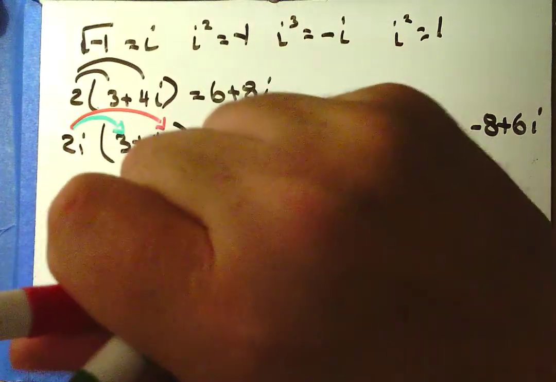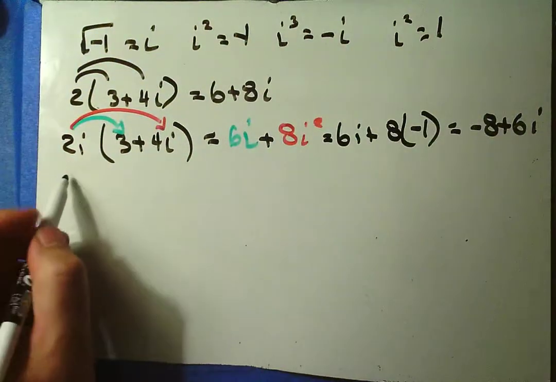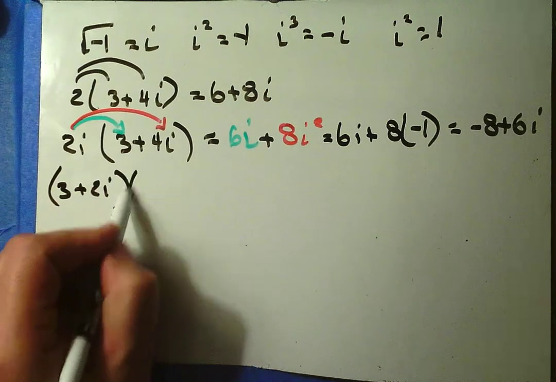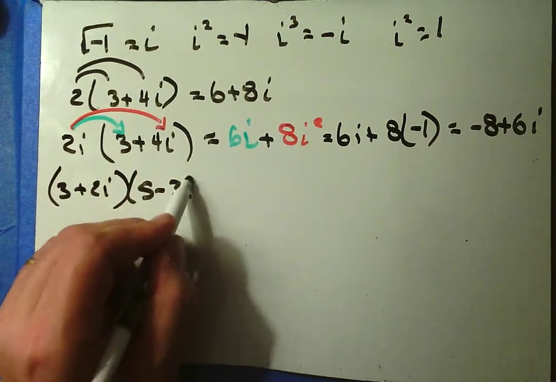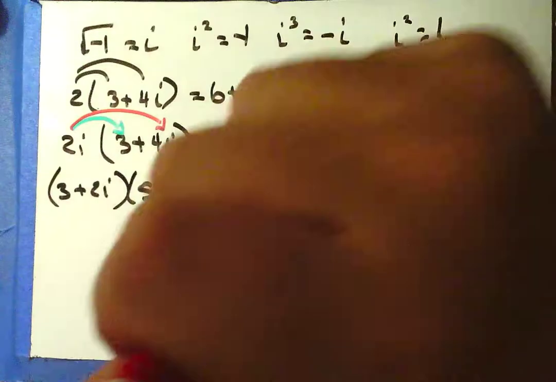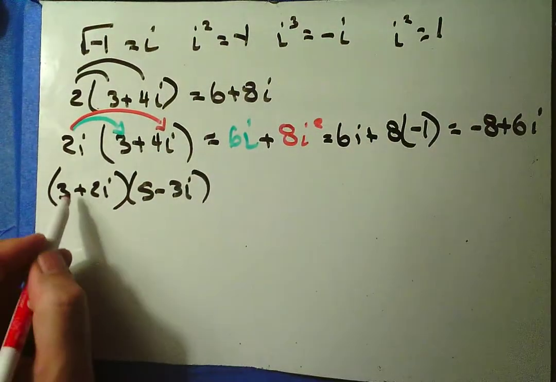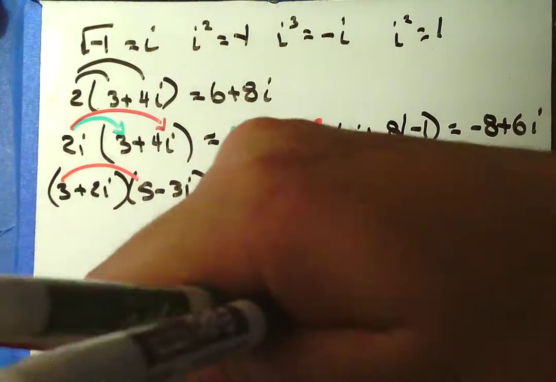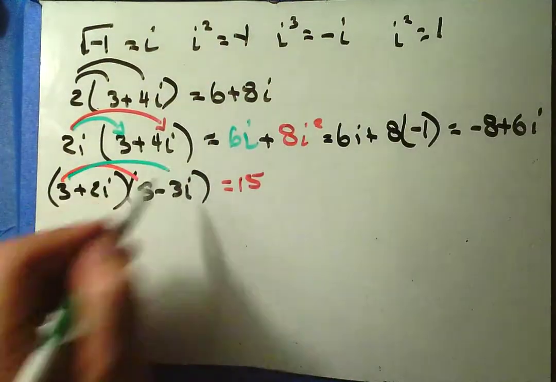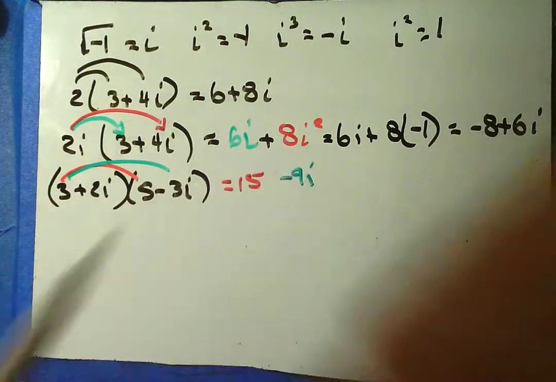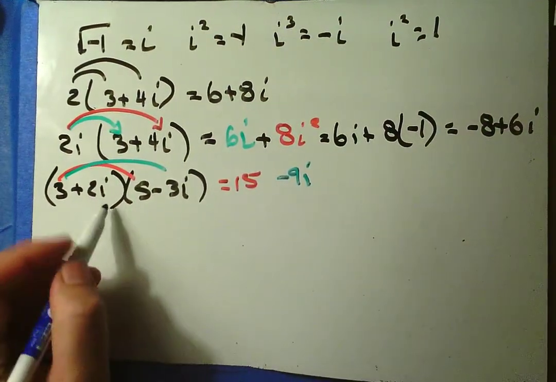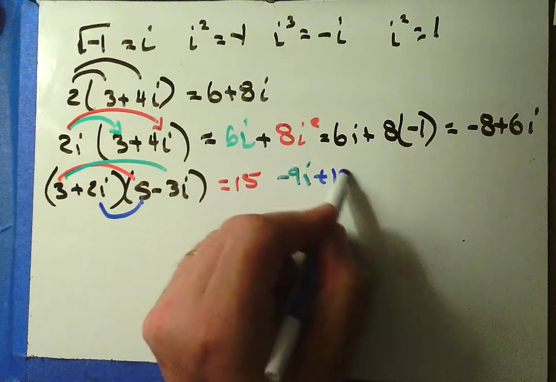Okay. And then we also talked about FOILing. 3 plus 2i times 5 minus 3i. And how we would do 15 minus 9i plus 10i.